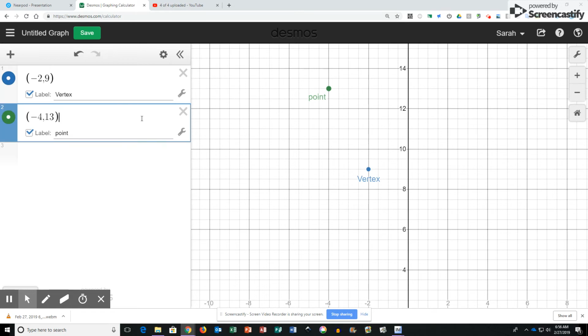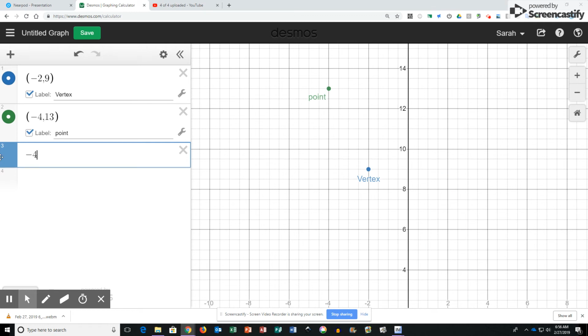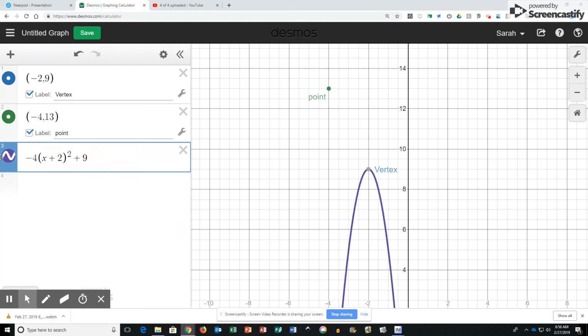All right, let's test out some of these answer choices. Answer choice A, I have negative 4(x minus 2) squared plus 9. Okay, that one doesn't touch my vertex or my point. Let's try the second option. Negative 4(x plus 2) squared plus 9.